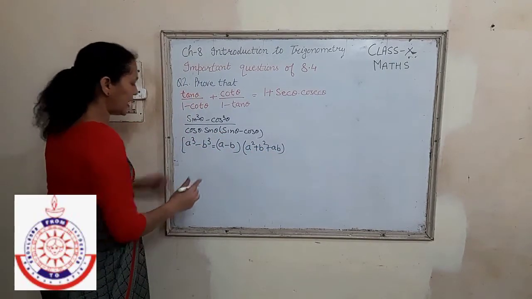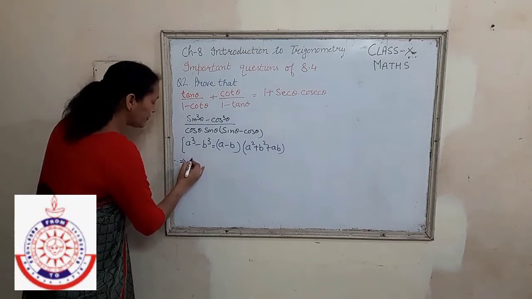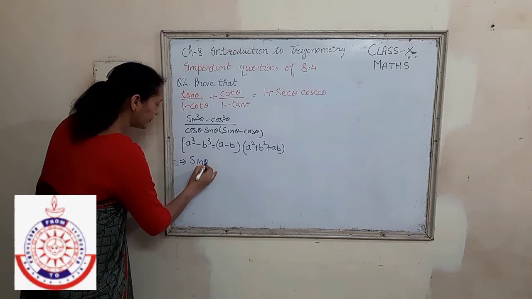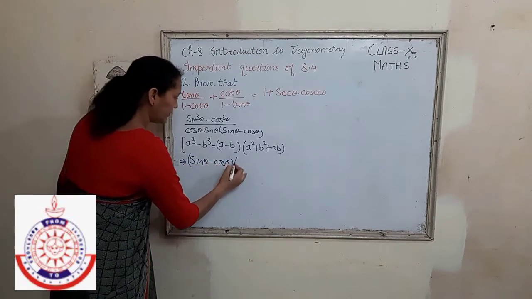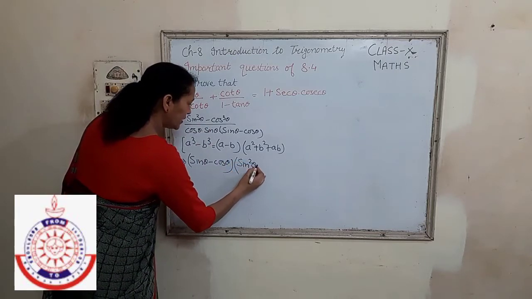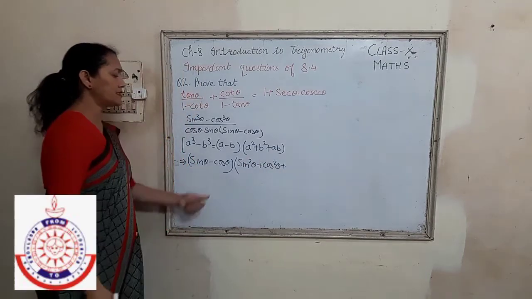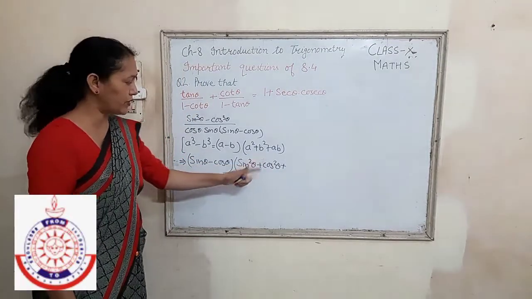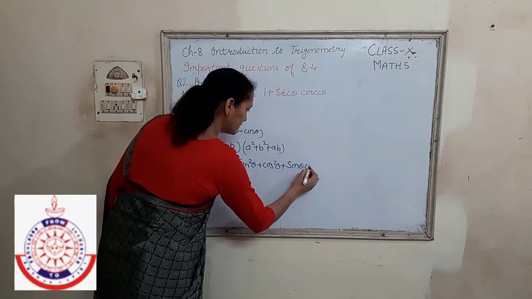So sin cube theta minus cos cube theta will become sin theta minus cos theta, then sin square plus cos square. A is sin and B is cos. So we are putting the appropriate values.